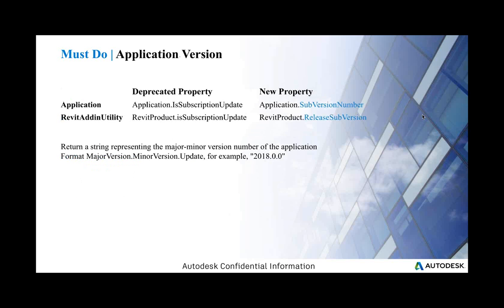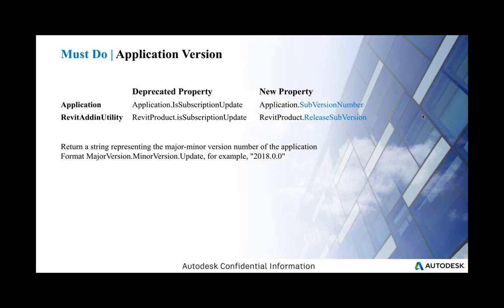Then another change has happened that affects the version numbers. We are switching to this version numbering system that you've already seen in 2017.1 and 2017.2. And this is reflected in some properties on the application object.